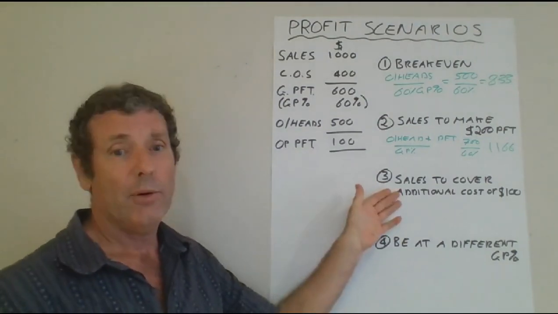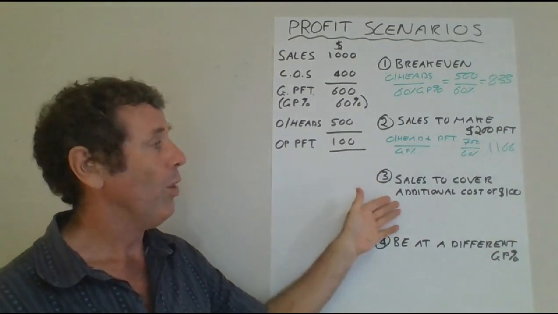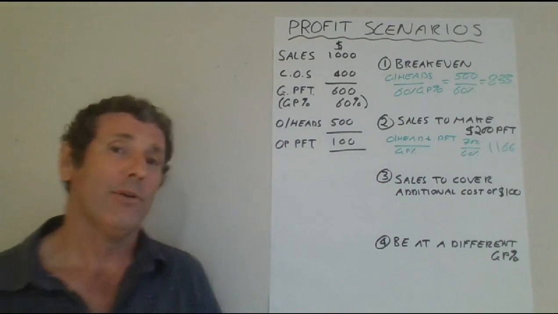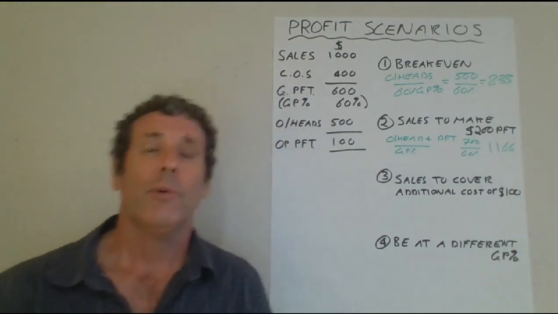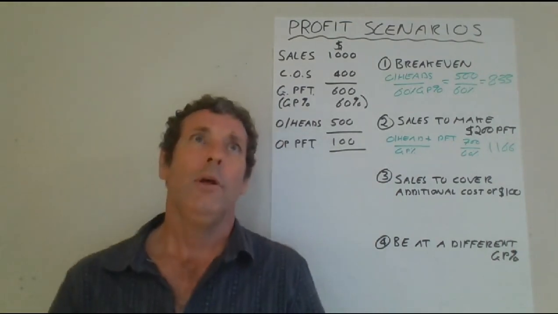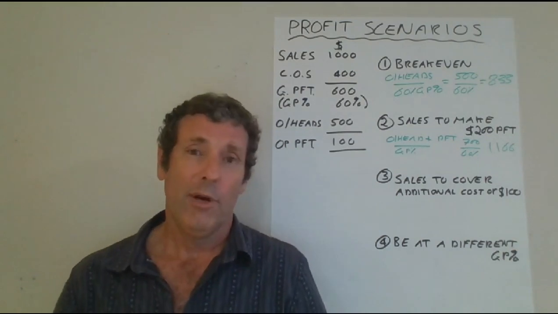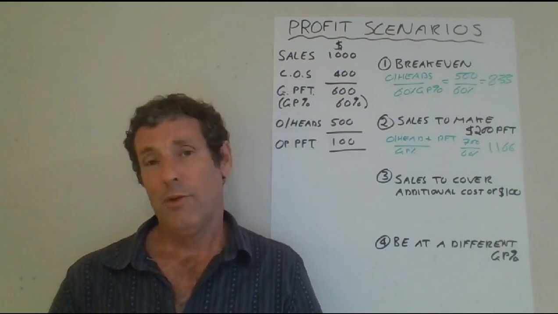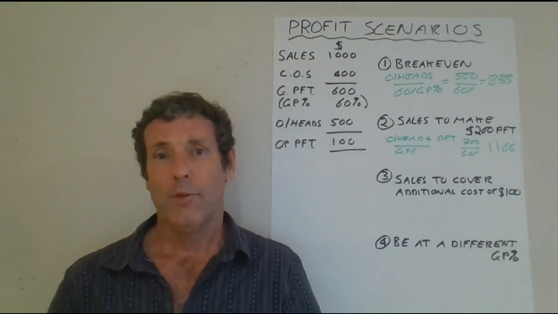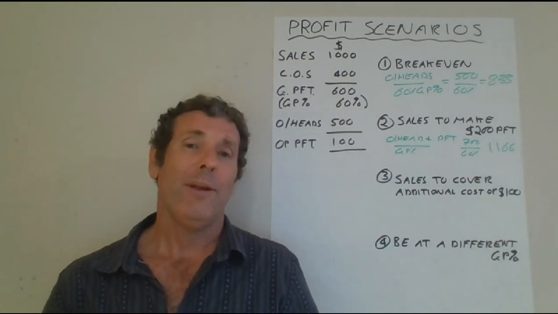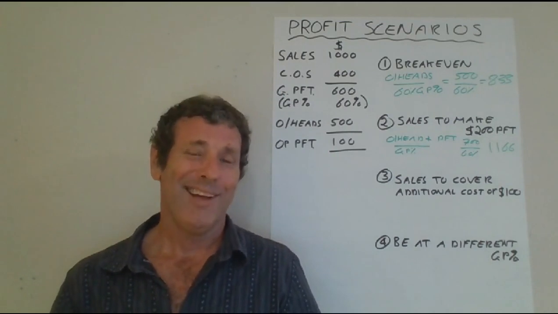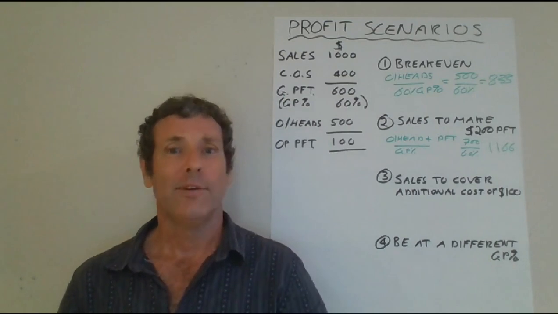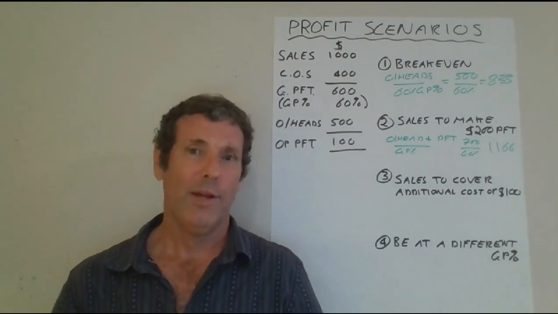The next scenario is trying to understand the level of sales we need to generate in order to cover an additional cost. So let's assume, for example, that you have the opportunity of moving into a better business premises, but that's going to cost an extra $100 in rental. You're asking yourself, how many additional sales would I need to make in order to generate enough profit to cover that additional rent?